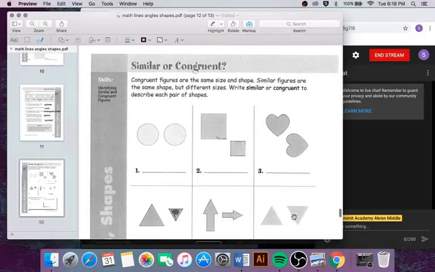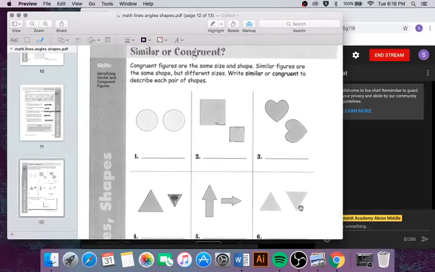Down to our next page. The directions say congruent figures are the same size and shape. Similar figures are the same shape, but different sizes. Write similar or congruent to describe each pair of shapes. So if we look at number 1, they're both circles, and they're also both the same size.